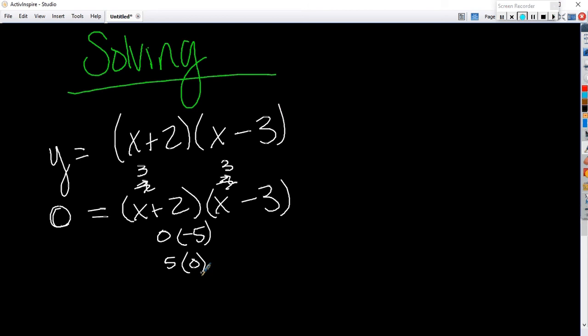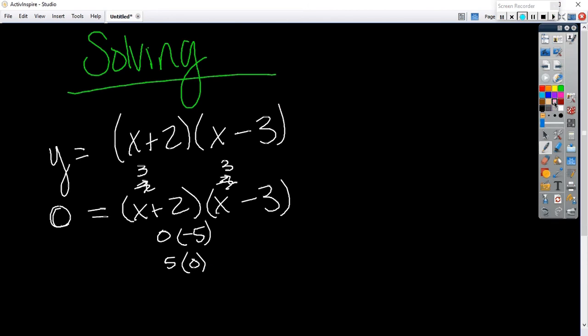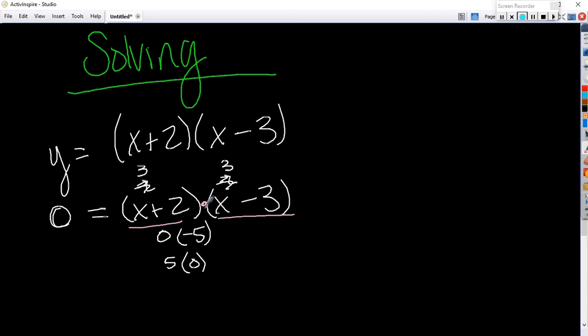Okay, so essentially what this is saying is, and this is a big property that you already know, you just don't know that you know it. If I'm multiplying things together and they equal 0, then what do you know about one or more of those things that I'm multiplying together? One or the other's got to be 0, or both, right?